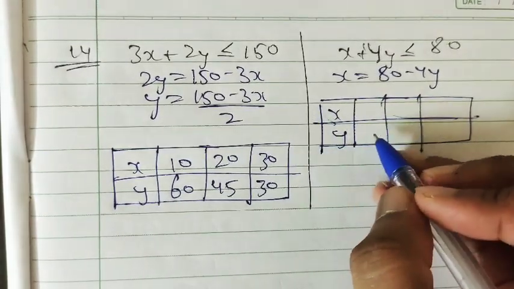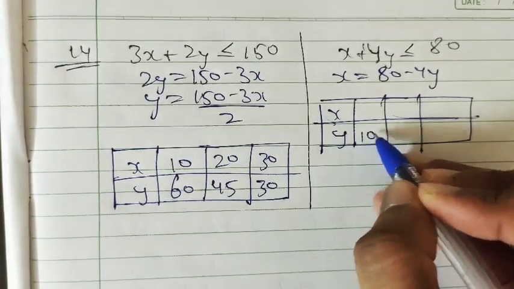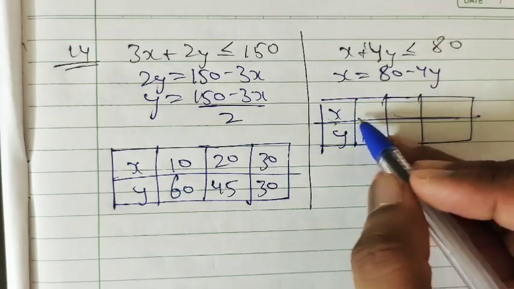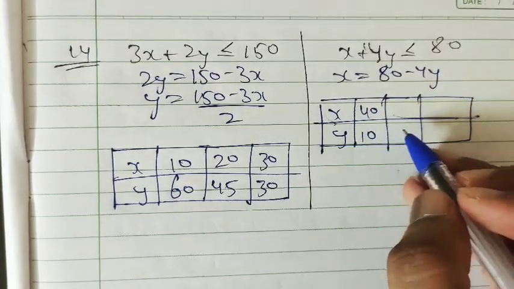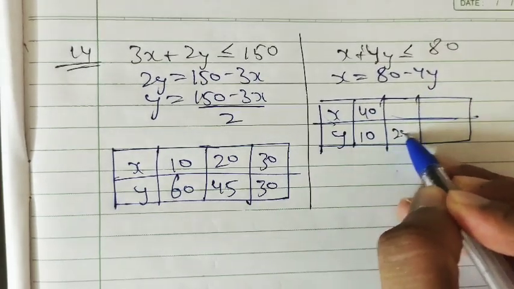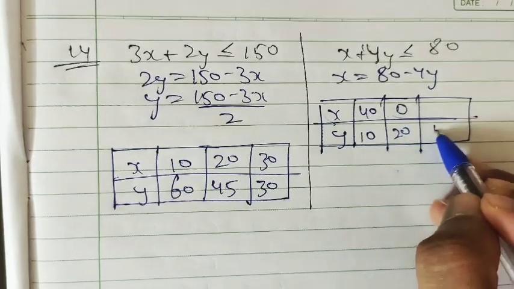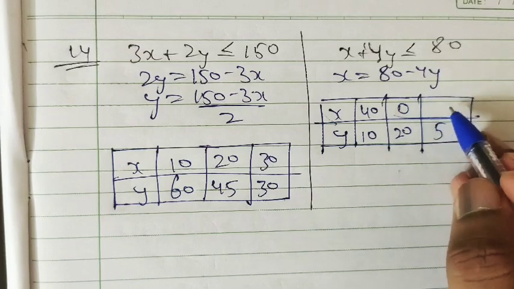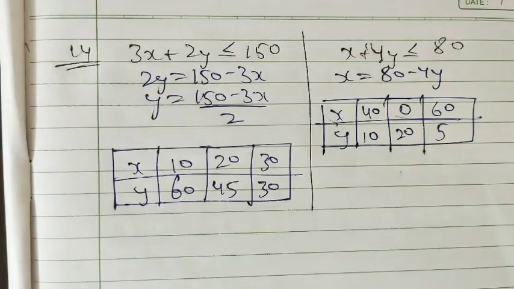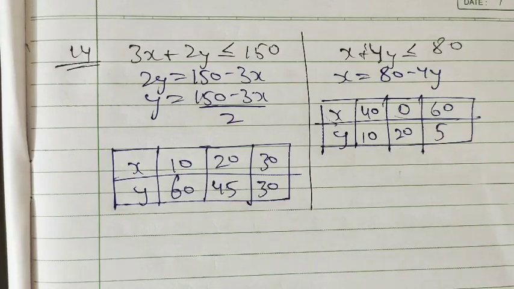If y is 10, 80 minus 40 is 40. If y is 20, 80 minus 80 is 0. If y is 5, 5 multiplied by 4 is 20, 80 minus 20 is 60. These values we have. Next, one more equation, x is less than or equal to 15.